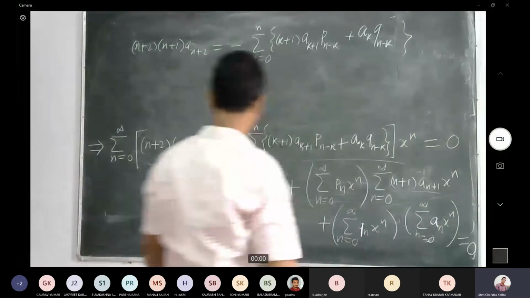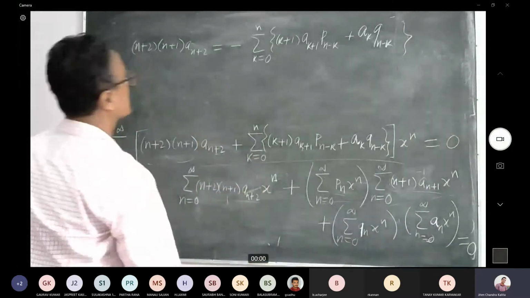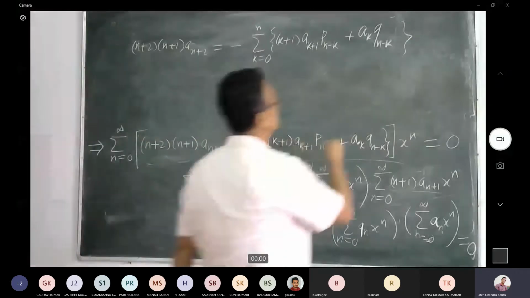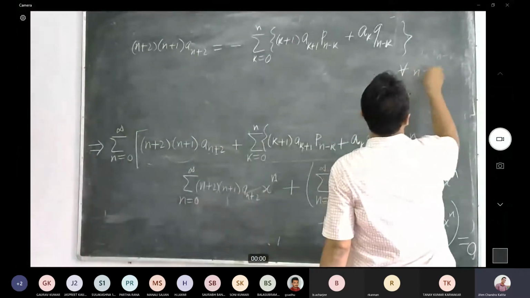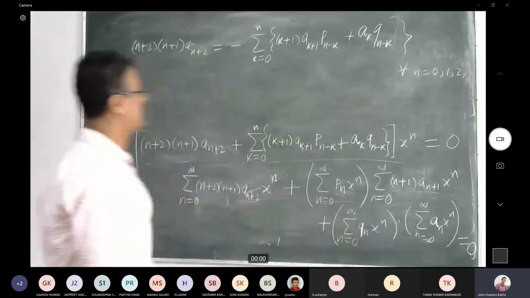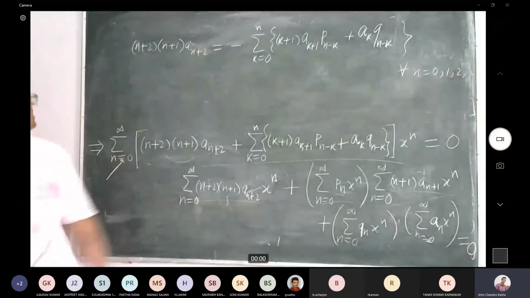So this is my recurrence formula. And of course, this is for all n equal to 0, 1, 2, 3, etc. That you have to write down, so that has come from here.